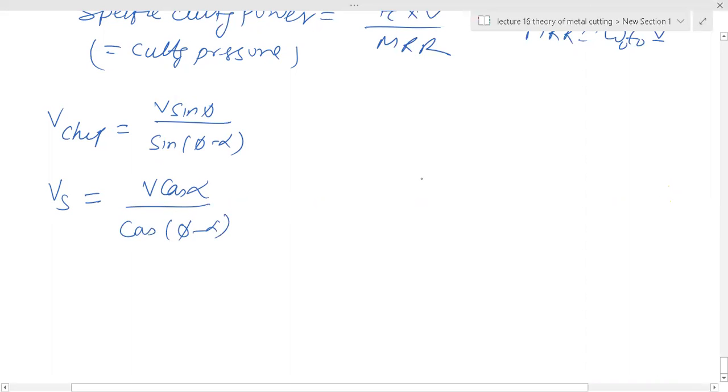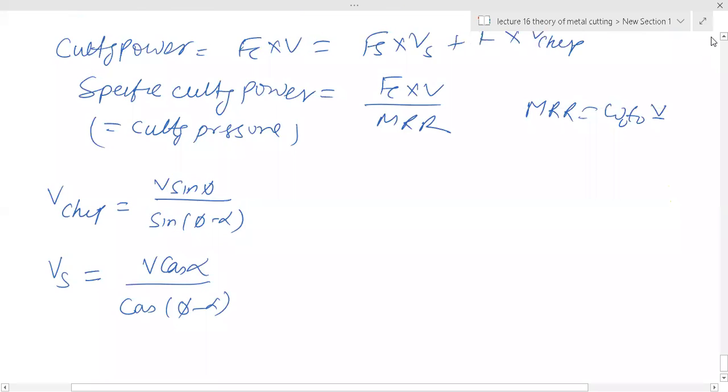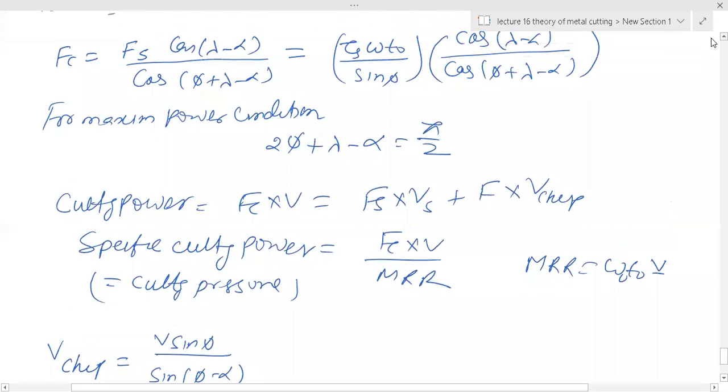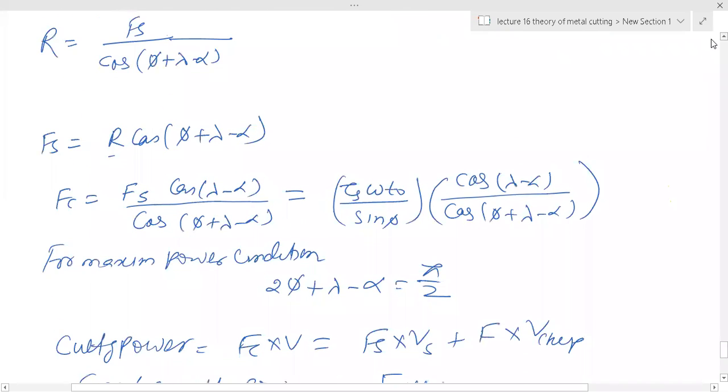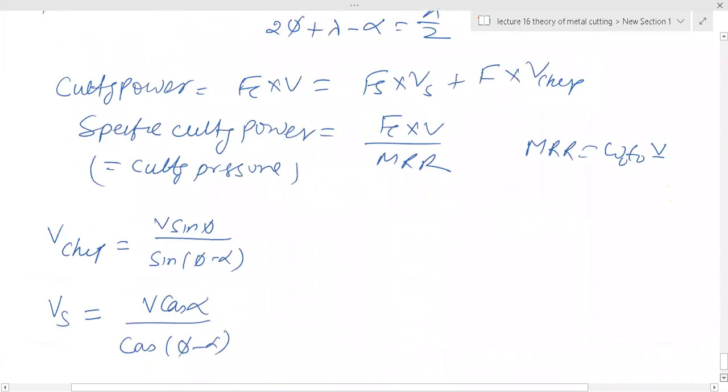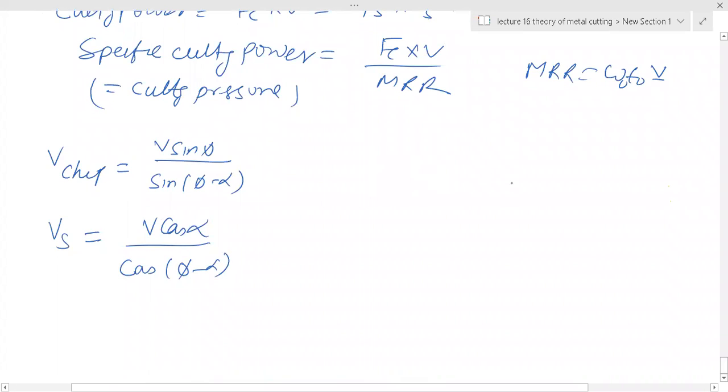You have a bundle of information here. Suppose I set a question for you from this, I will ask: if alpha increases, what happens to the chip velocity?